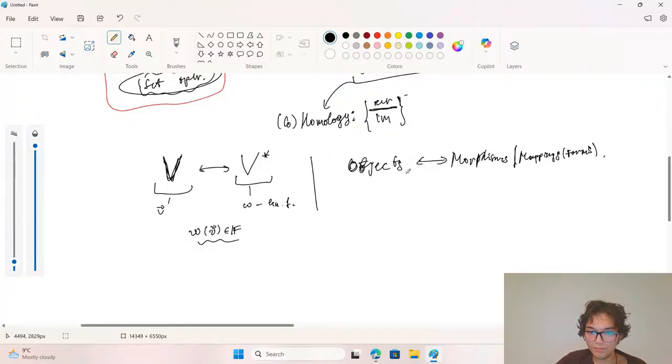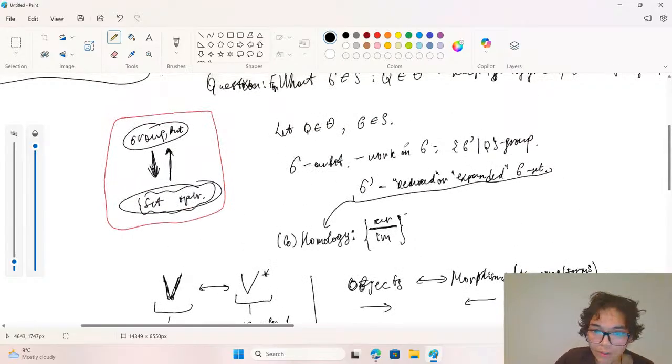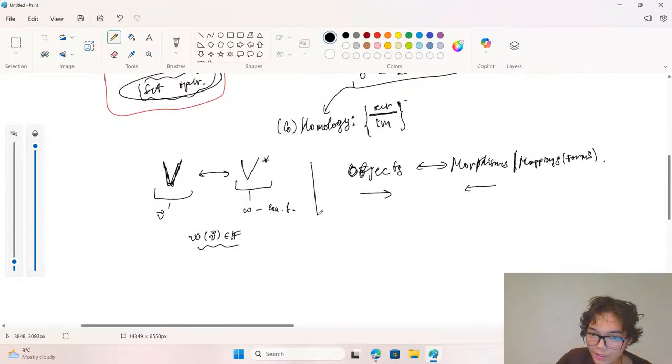Yes. If we have some map like this, then in this dual space, this mapping will be turned, like switched its direction. And my question was, because Q is an operation on G, what if you work not on the set G, but on the operation Q?